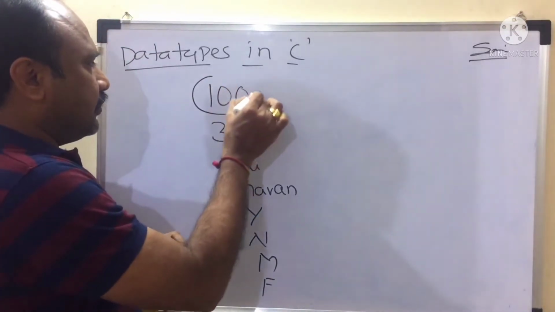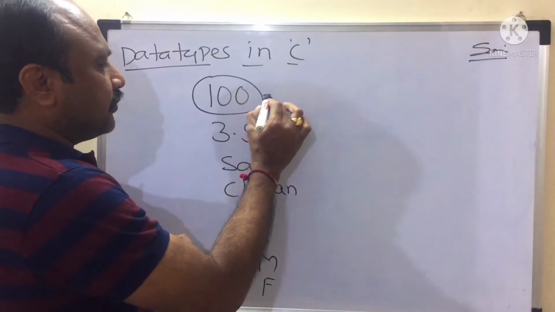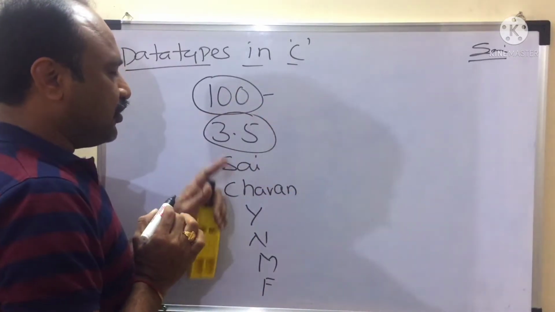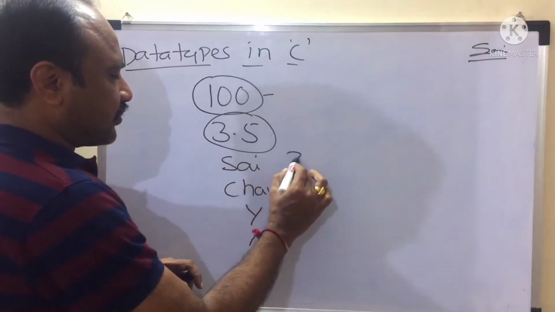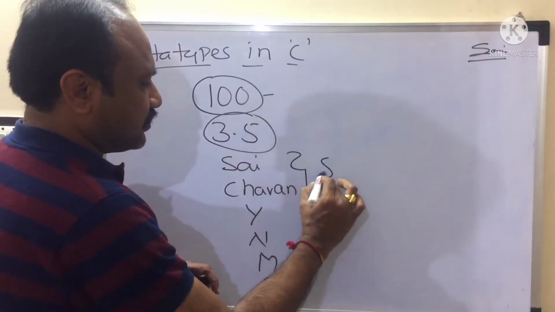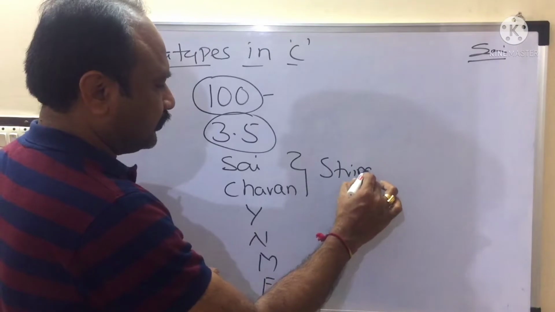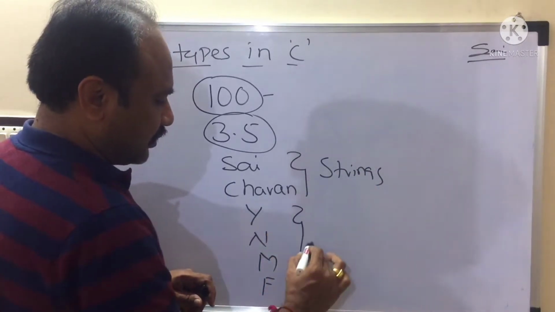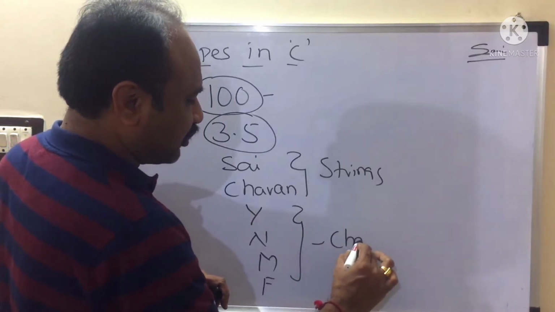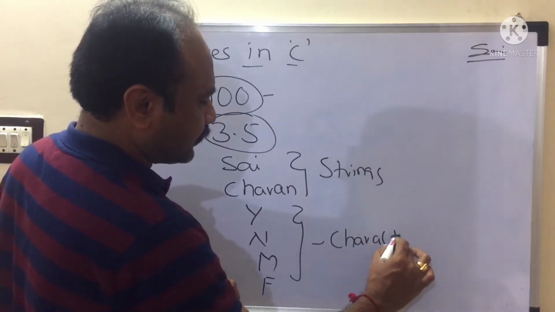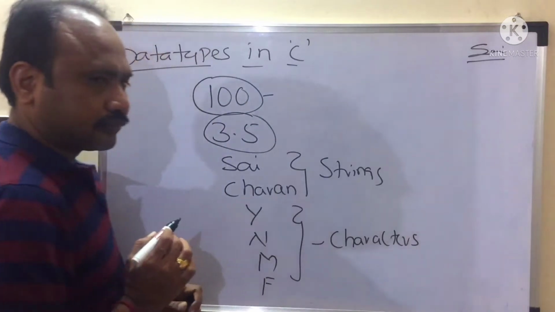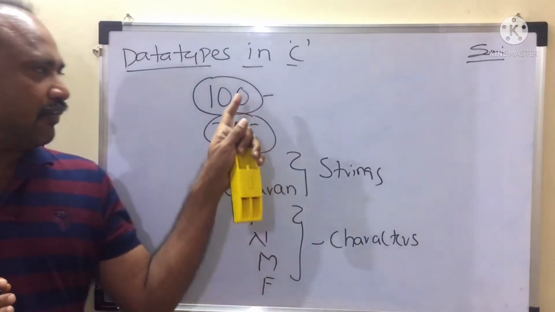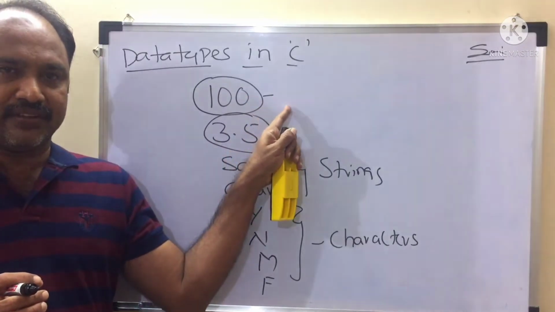See, what kind of value is this? Integer value. This value is a decimal value. A collection of characters is referred to as a string. These are strings. Here, a single character. These are characters. Characters means alphabets. A value like this is an integer.